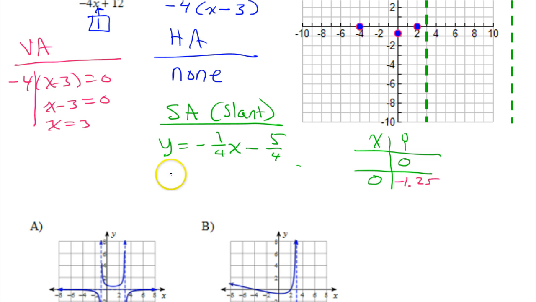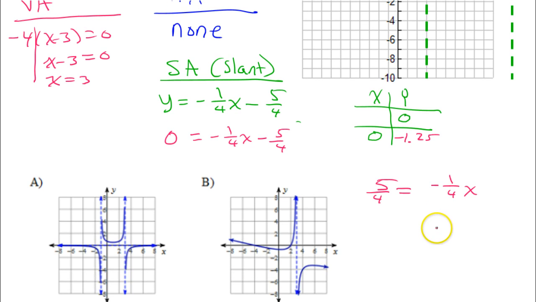If I put in 0 for y, then I would have negative 1/4 x minus 5/4. I would have to add 5/4 on both sides, so that would give me 5/4 is equal to negative 1/4 x. Let's see, what is the easiest way to deal with this? I am going to divide both sides by negative 1/4 to get x by itself.